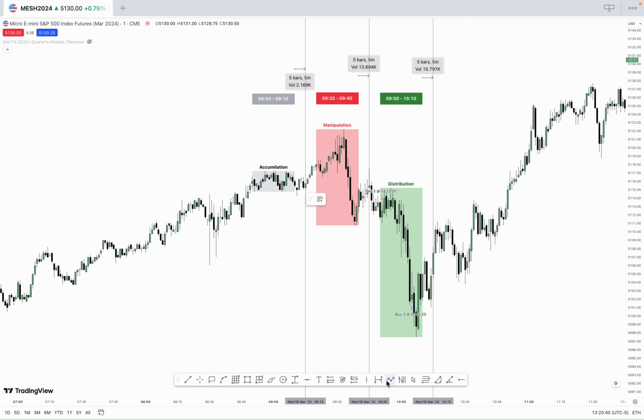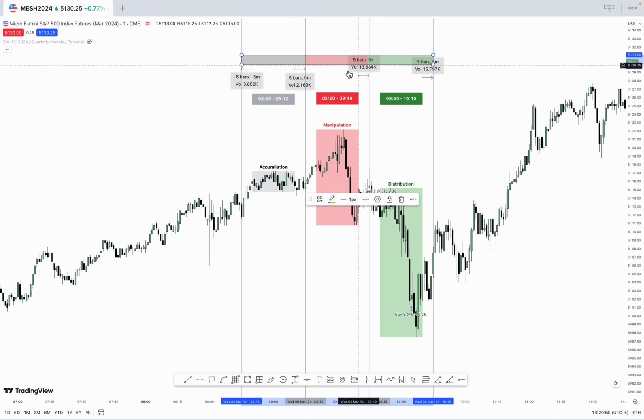Then also you mark out its midpoint. Okay, so now this is how you find your cycles. If you mark from this range to its end, you're gonna get specific key areas within price, to find the midpoint. As you can see here, they are right here.